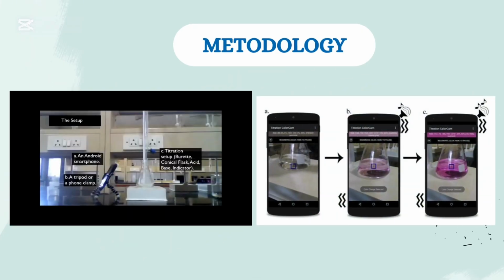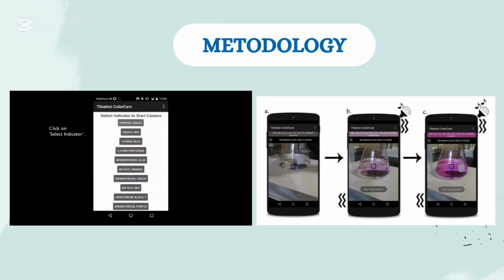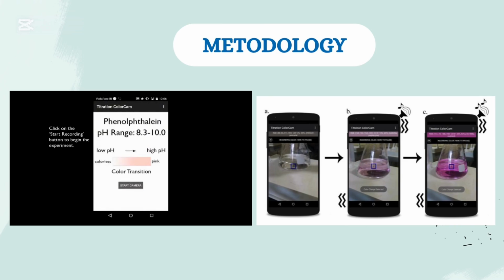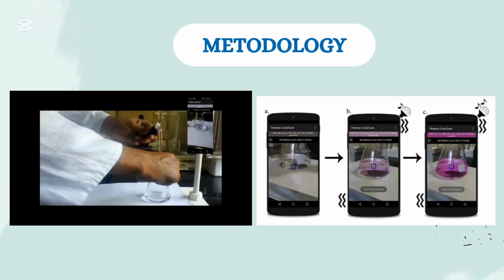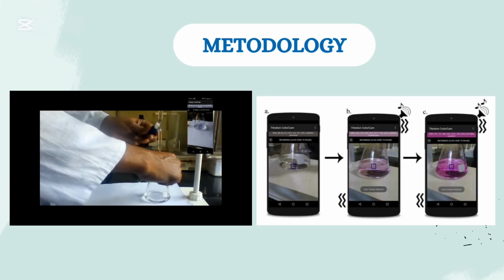The app compares the detected color to a specific pre-established range for that indicator. For example, in a titration with phenolphthalein, the system expects the color to change from colorless to light pink. This change is represented within the HSV model with a hue usually between 290 degrees and 310 degrees.